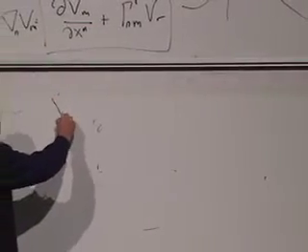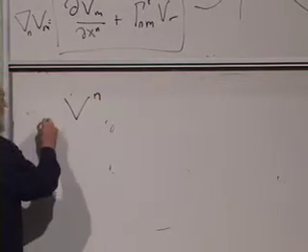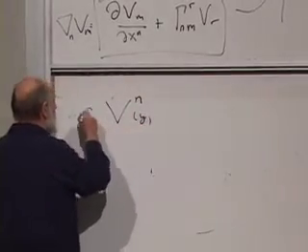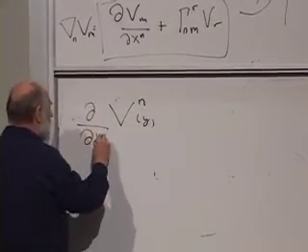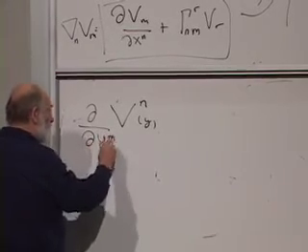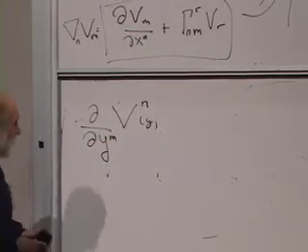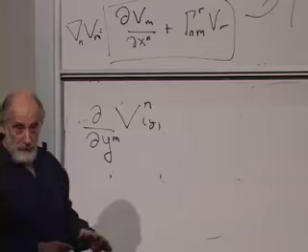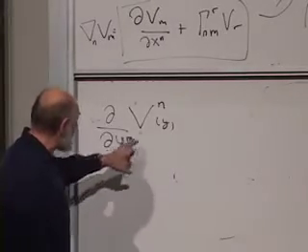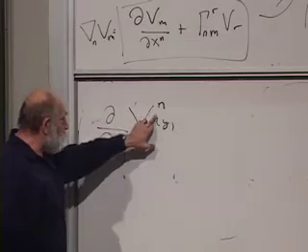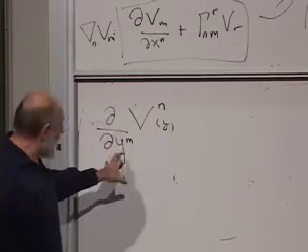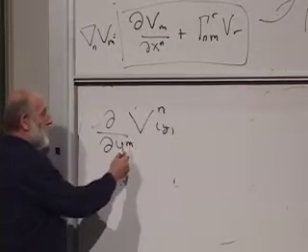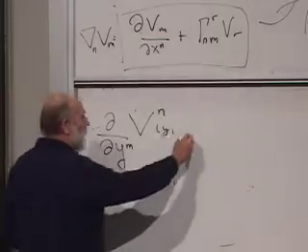For example, if you have a vector with an upper index n, again y components, and you want to differentiate it with respect to ym, that itself is not a tensor. For the same reasons, the contravariant components also depend on the direction of the axes. So as the axes move around, you've got to keep track of that. And the derivative of the contravariant components are not themselves tensors. This would be a tensor with one upper index and one lower index, but it's not.